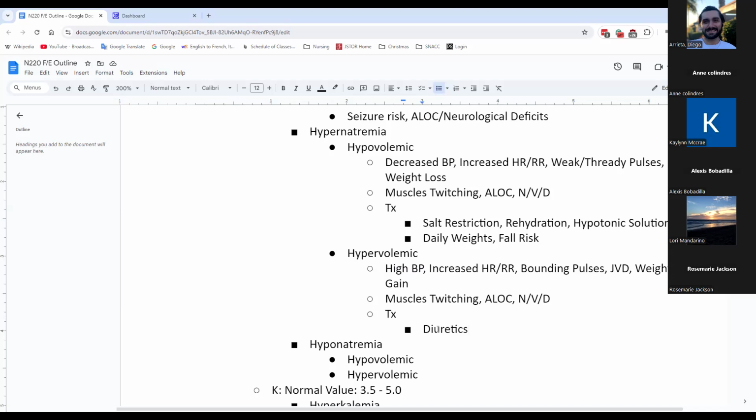You pee more. Is that a layman's term, or does anyone know the exact mechanism? Peeing more is kind of layman. Anyone?